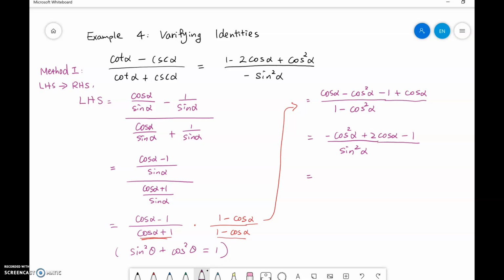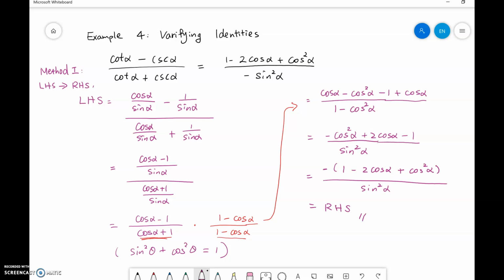So what I can do is take away the negative sign and then rearrange the numerator into 1 minus 2 cosine of alpha plus cosine squared of alpha, then it will be the same as my right-hand side.